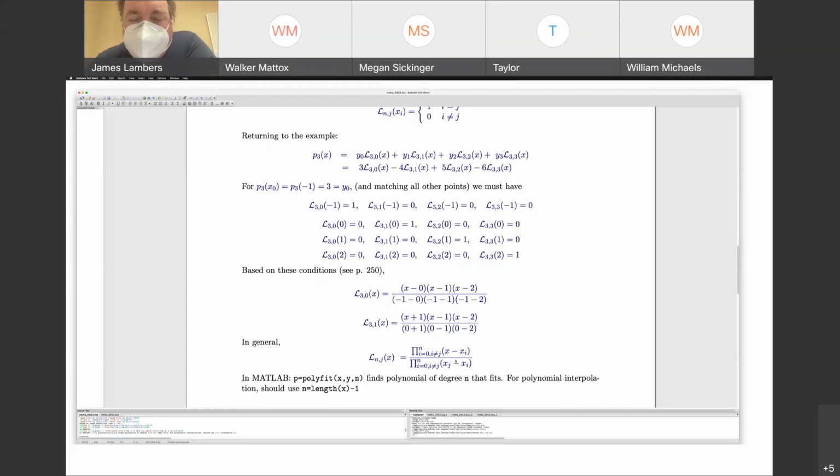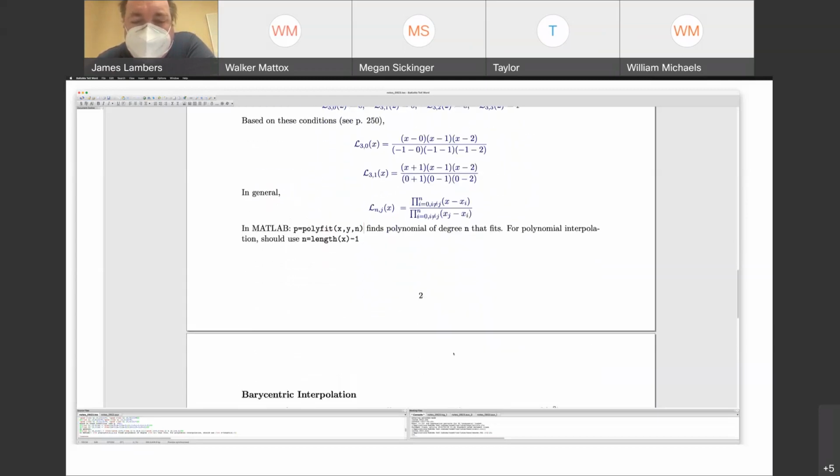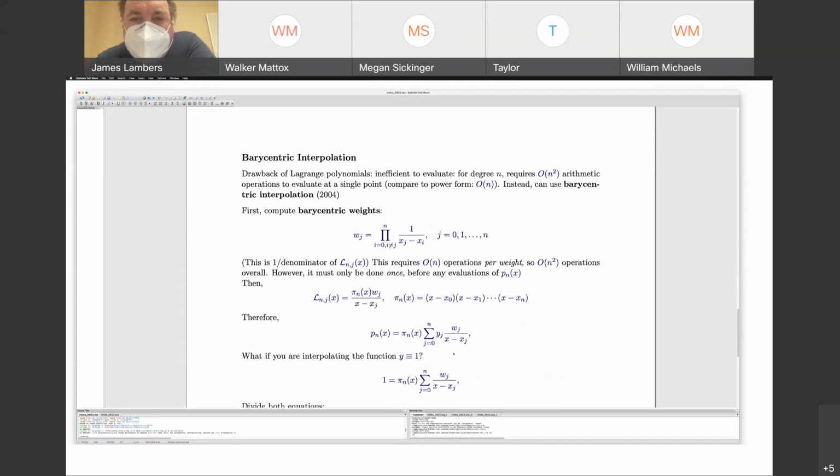So Lagrange form is not ideal for evaluation, but there is a better way.